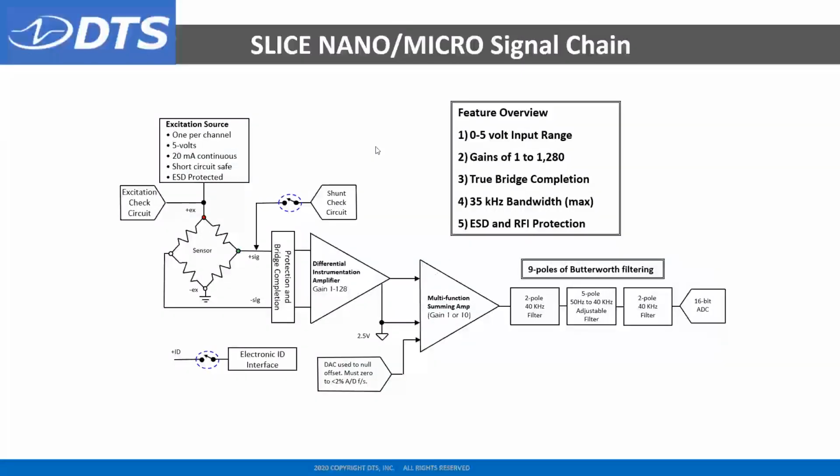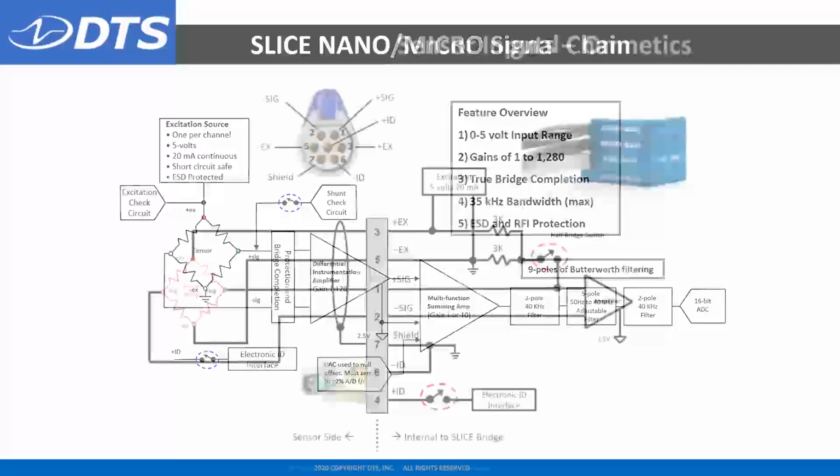If you look at one of our user's manuals, you will see a diagram that depicts the typical signal chain with some information about the excitation sources, what gains are available, and what the bandwidth is. These are all very important points that you must understand in your data acquisition system to make proper setup decisions. Again, more in session 2.